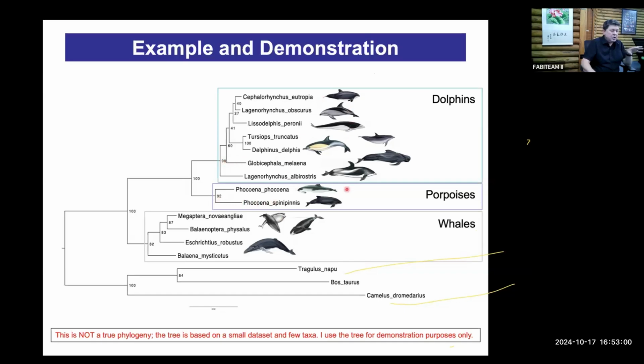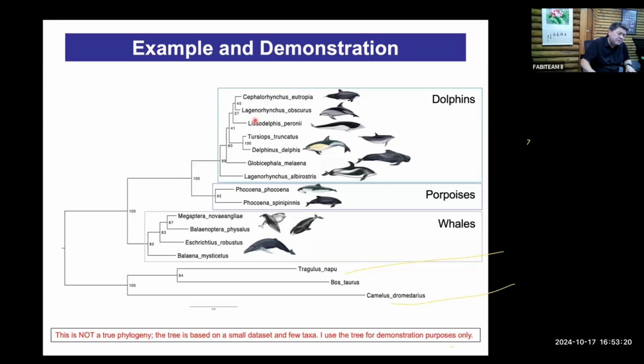The porpoises as a group form a monophyletic group with a 92 bootstrap value. I've done bootstrap on this, and this is a maximum likelihood phylogenetic tree. The whales form a monophyletic group that's supported by 82%.